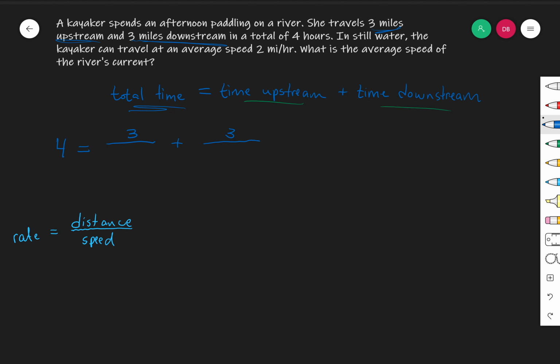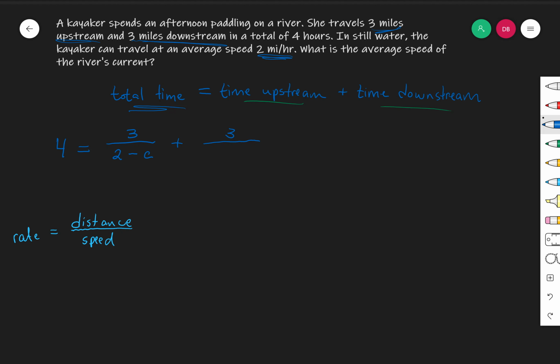In still water, she would have been going 2 miles an hour. And the current, while she's going upstream, is going against her. So she's going slower than 2 miles an hour. So under this first part, we're going to put 2 minus c. That is 2 miles per hour minus the speed of the current.